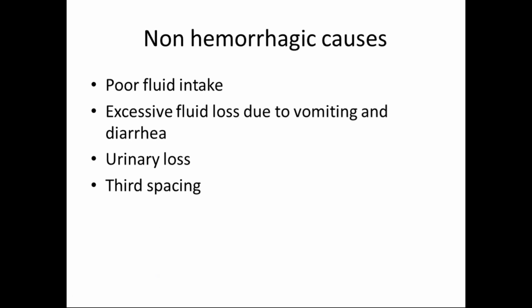It could be because of trauma. Then non-hemorrhagic causes of shock are poor fluid intake, excess fluid loss due to vomiting or diarrhea, and excess loss through urine. Third spacing is nothing but accumulation of fluids in the peritoneal cavity, pleural cavity, or pericardial cavity. This is called third spacing.